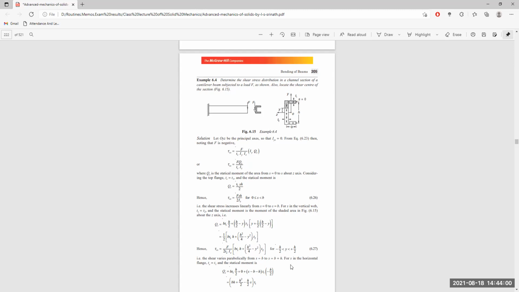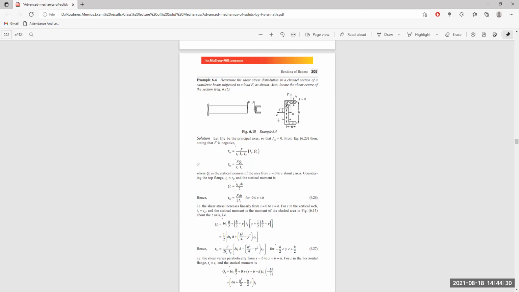So s in the horizontal flange, tau s by T1, and the statical moment will be, in the flange, T1 into h by 2 plus s minus b minus h. S is the length minus b minus h, this length, multiplied by T1 multiplied by h by 2. H by 2 is the distance from here to this side.